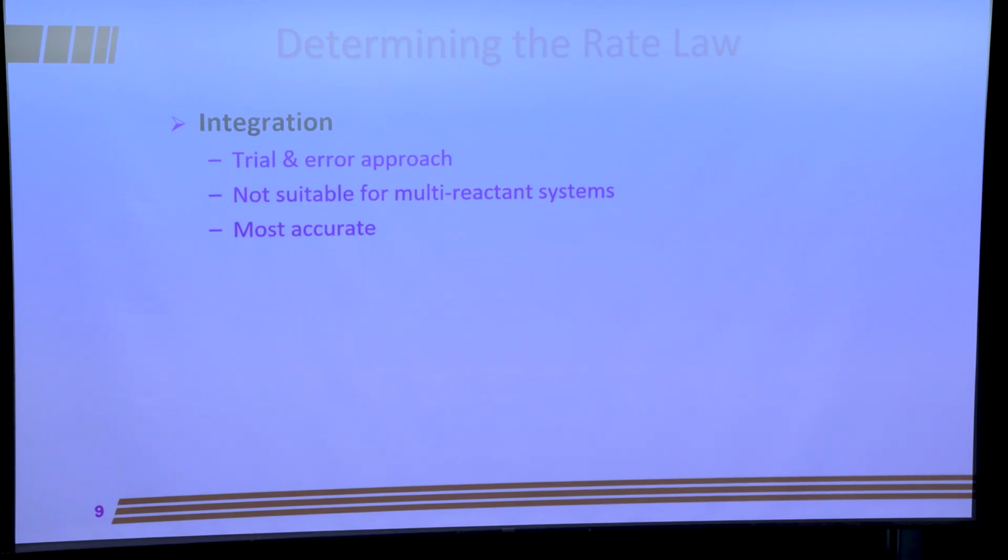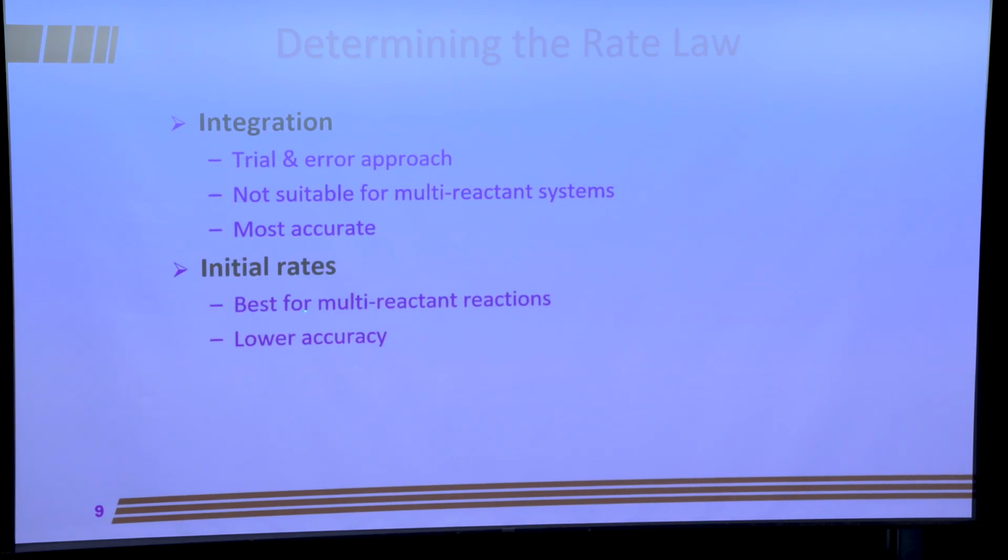And if it doesn't, then we assume second order, does it obey second order kinetics? And if it doesn't, then maybe it's zero order or something like that. But typically, most reactions are either zero or mostly first or second order with respect to reactants. That's a general rule of thumb.